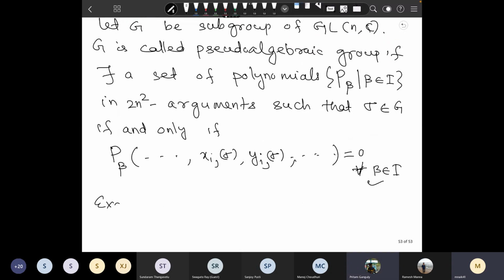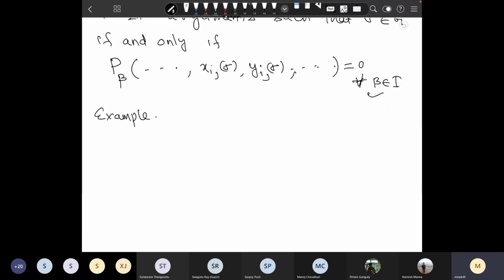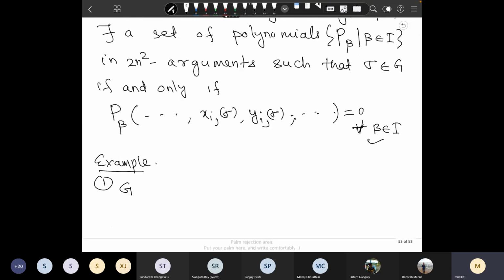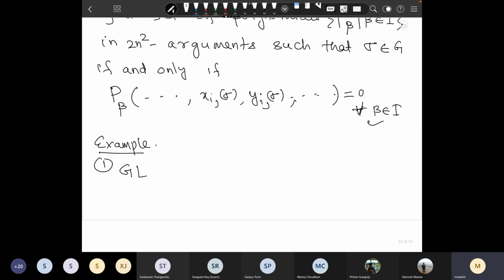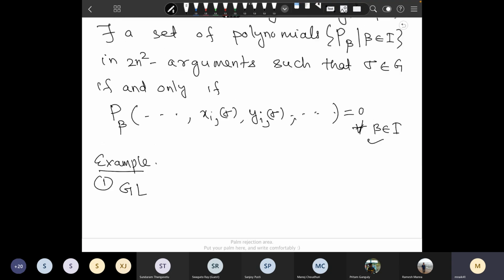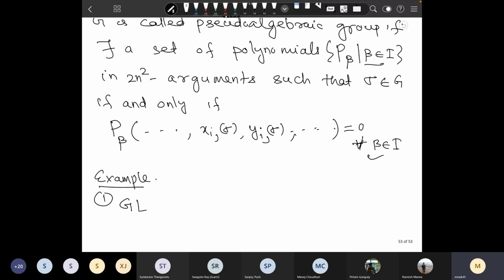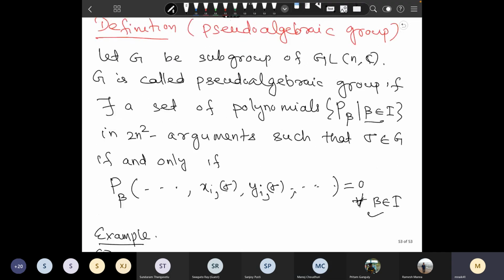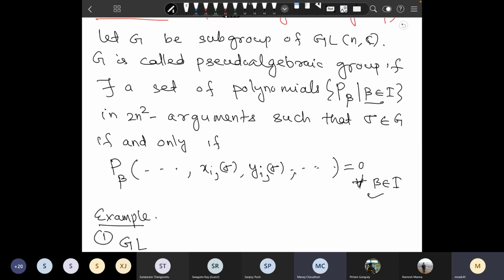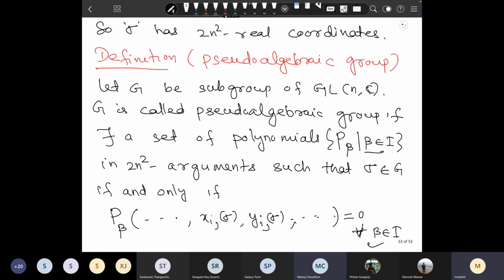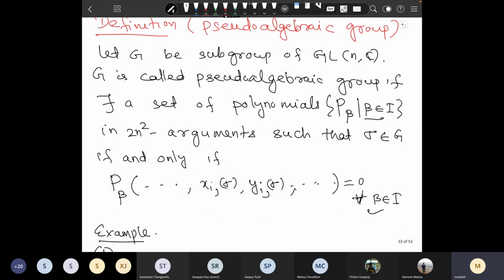One example, let us say. Example first. Actually GLNC you can also call a pseudo algebraic group, where you take this index set I as empty.